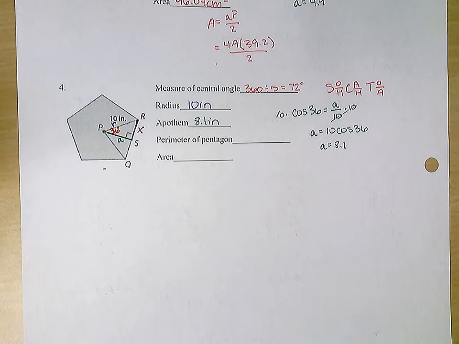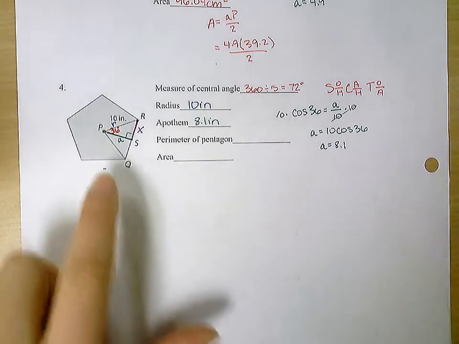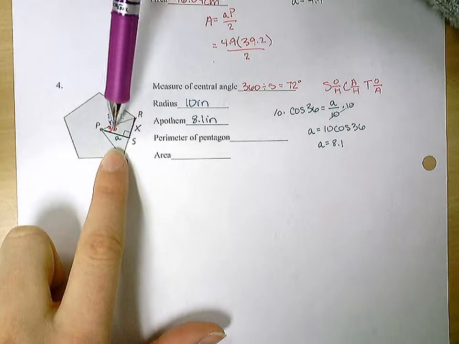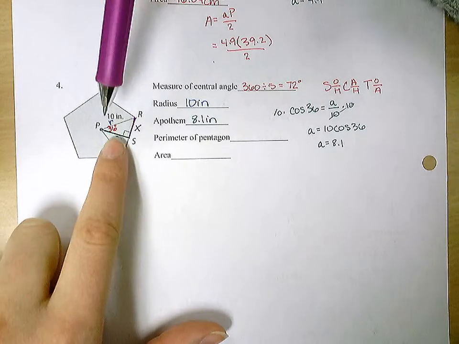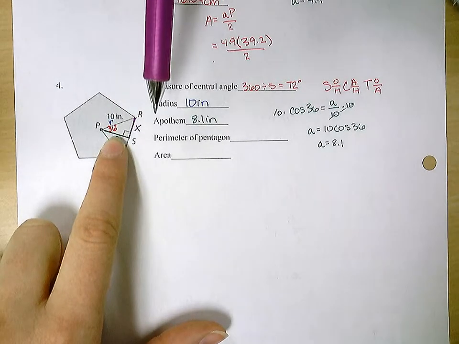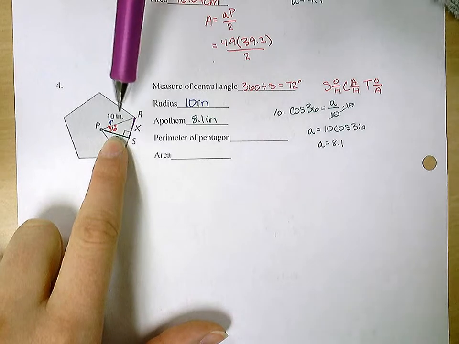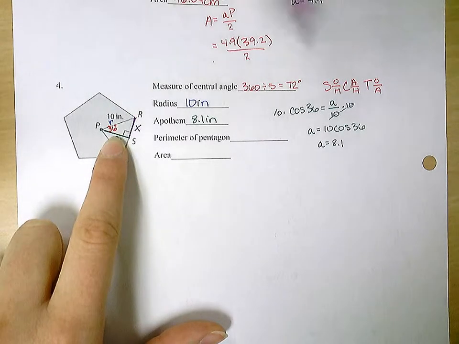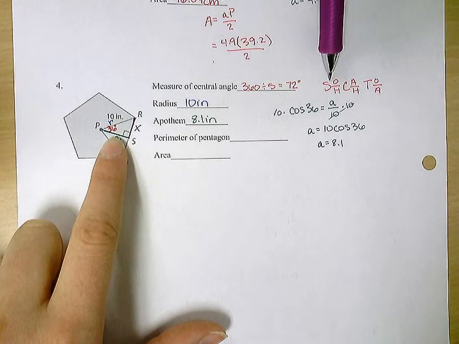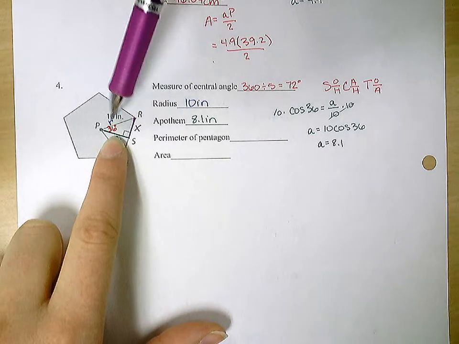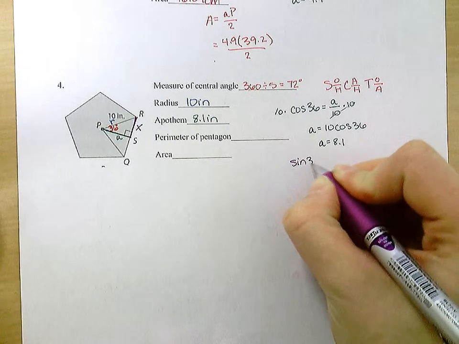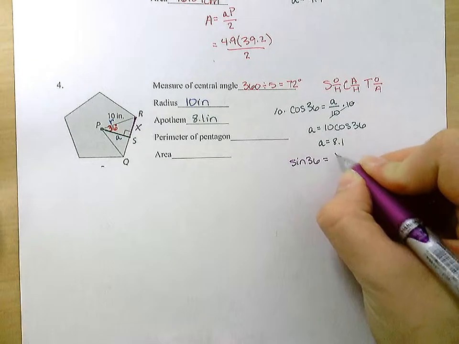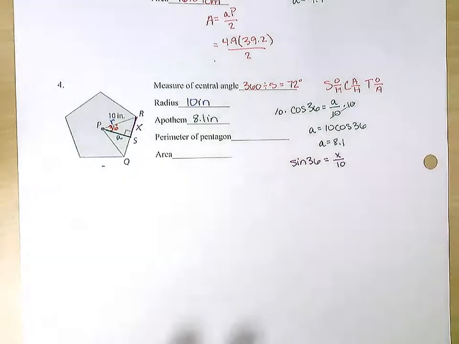Now there are two different ways you could find your x value. One way, you already know that we can use SOHCAHTOA. If you go from your angle and you're trying to find that opposite side, and you're given the hypotenuse again, you have opposite and hypotenuse, so you can use sine. So we can use sine of our angle is equal to our opposite side x over the hypotenuse 10.